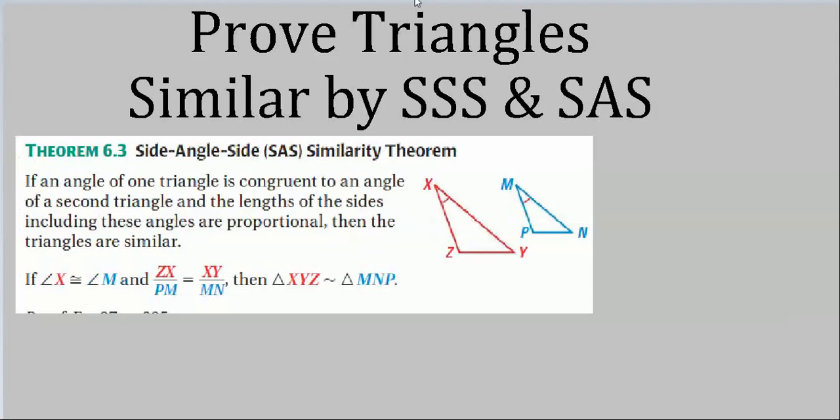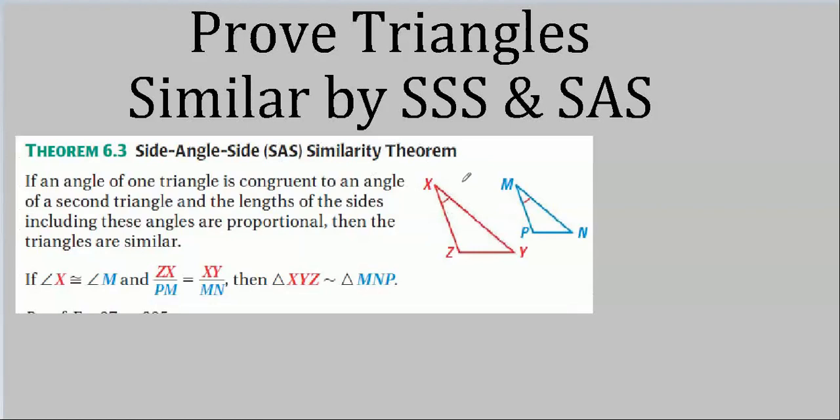And here's another theorem which is completely analogous to the one we had for congruence. It's the side-angle-side theorem. And it says that, remember in congruence, if the two sides and an included angle are all congruent, then the triangles are congruent.